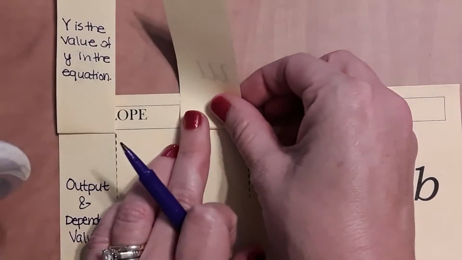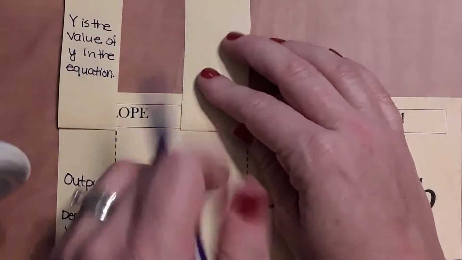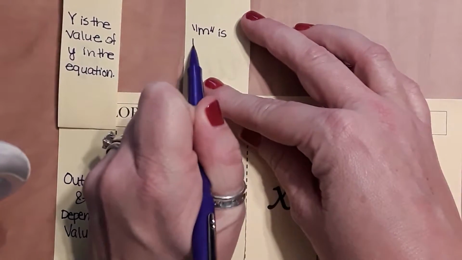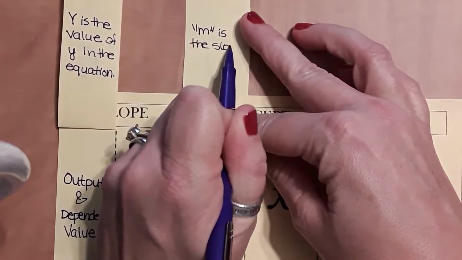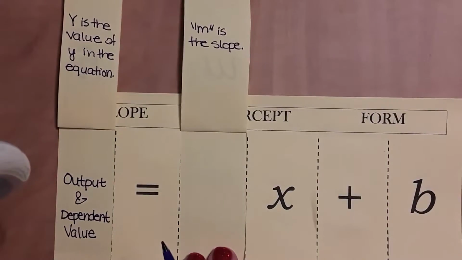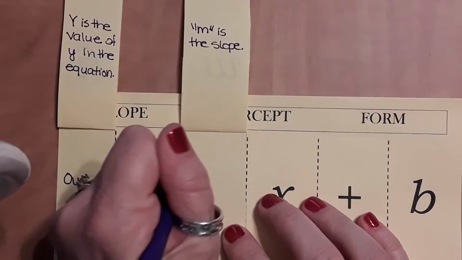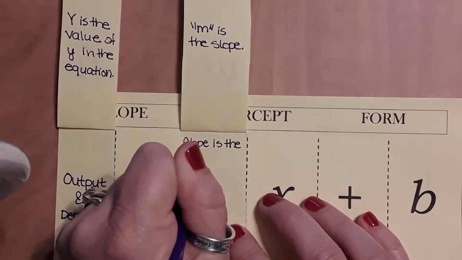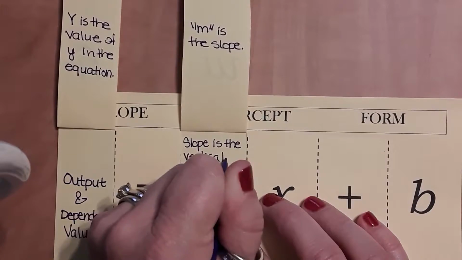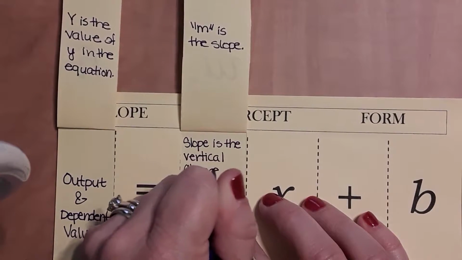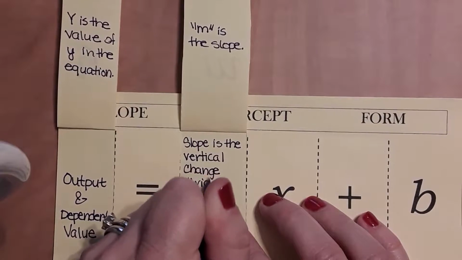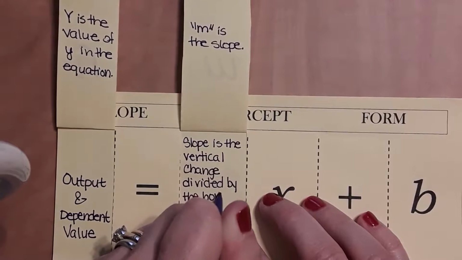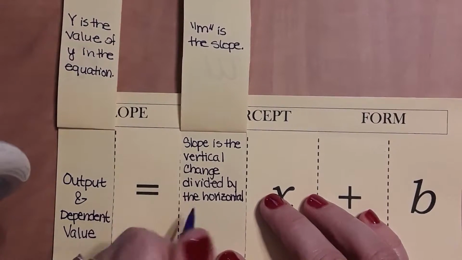All right, we've talked before about m. M is our slope. So you're going to write m on the inside flap is the slope. And we've learned already how to graph slope on a line. So slope is the vertical change divided by the horizontal change.